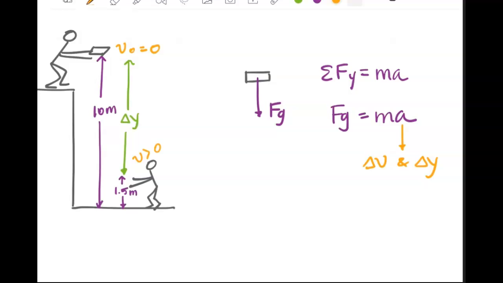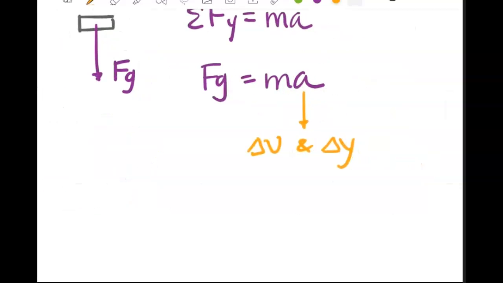Okay. So now this is kind of a special case, so don't get too married to our equations here. But if I think back to it, v squared was equal to v initial squared plus 2a delta x.